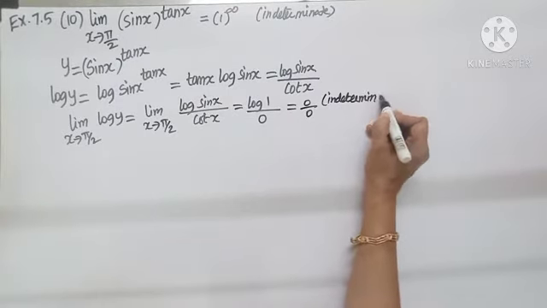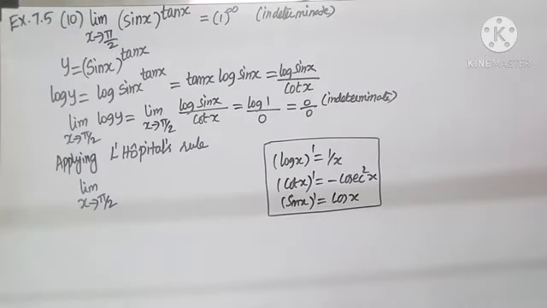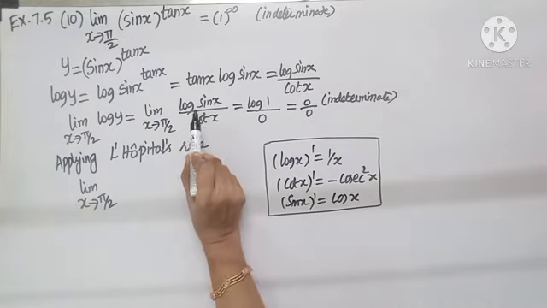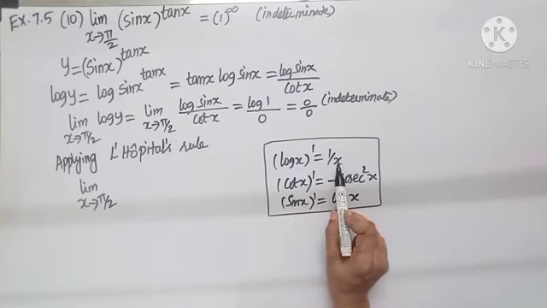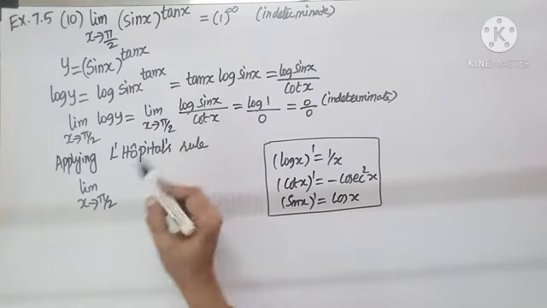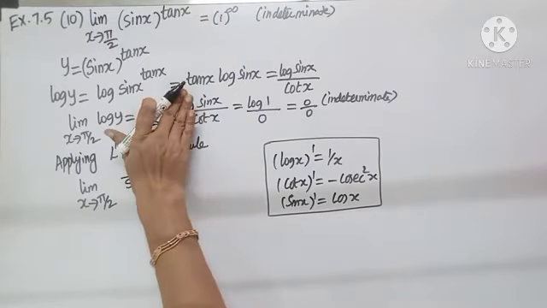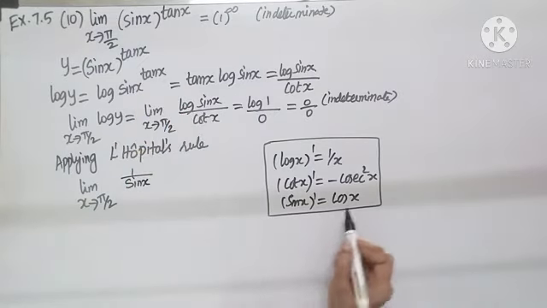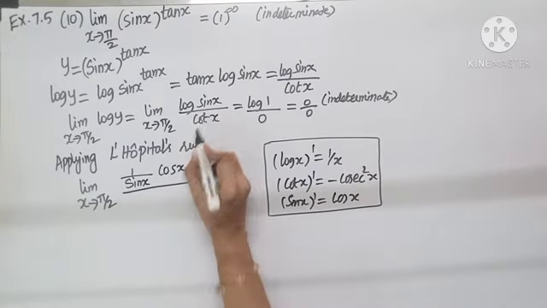So we apply L'Hospital's rule. Let us differentiate the numerator log sin x. Remember the formula, log x becomes 1 by x. So log sin x becomes 1 by sin x. Hide logarithm, sin x will become cos x. Denominator, cot x is there.